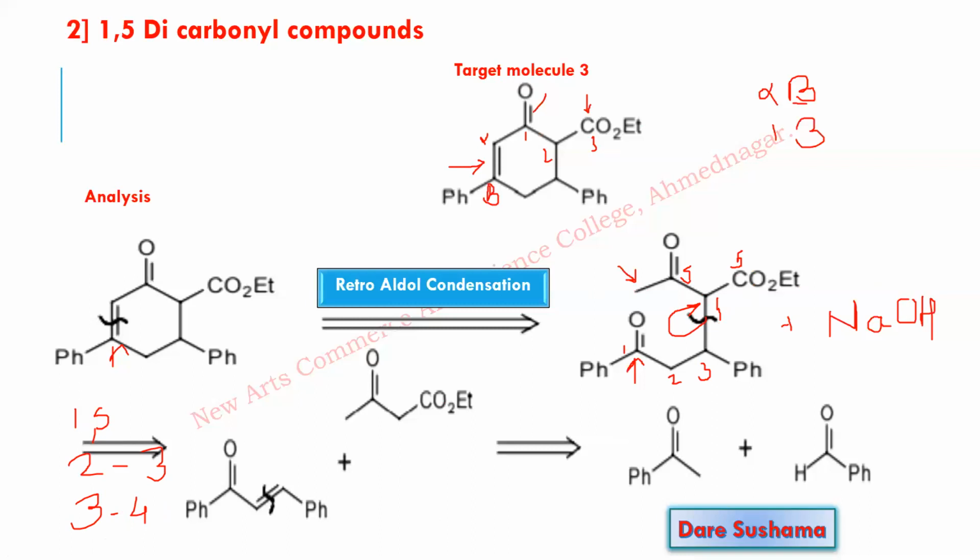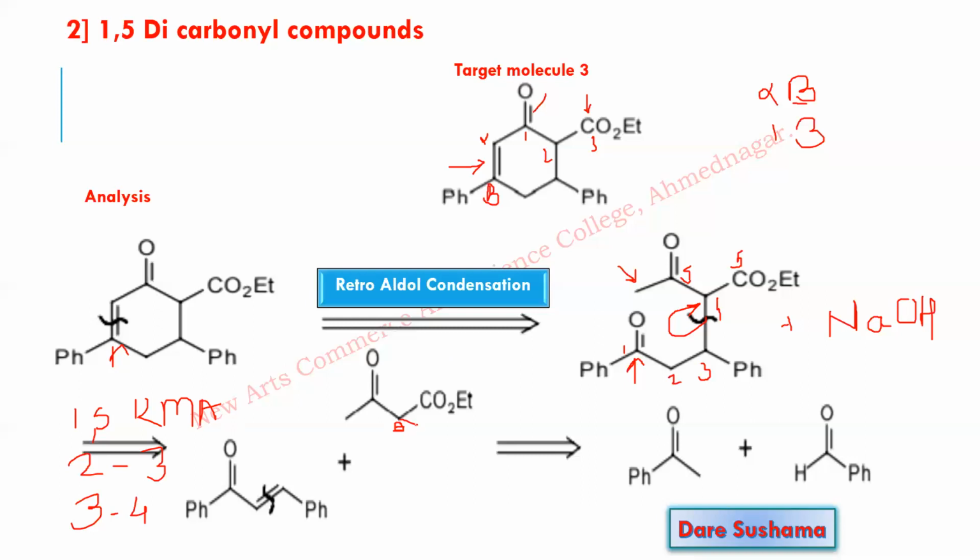After disconnecting in the direction of 4, you get this synthetic equivalent, as there is a negative charge here. For the negative charge at the end, the best synthetic equivalent is ethyl acetoacetate, and this proton is more acidic. So for the Michael addition reaction, this is nothing but a retro-Michael addition reaction. For Michael addition you need a weak or mild base.